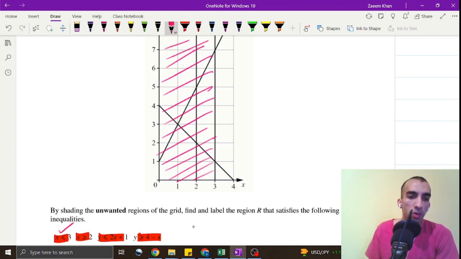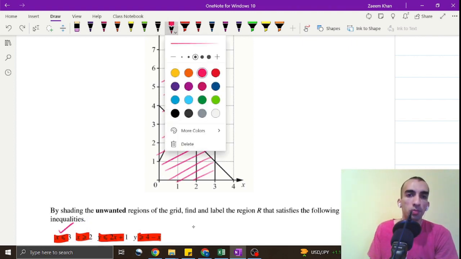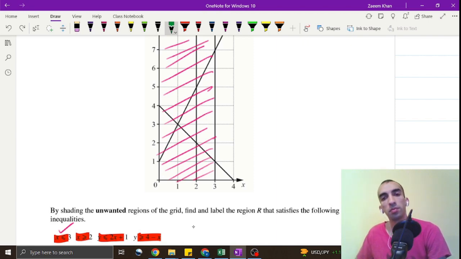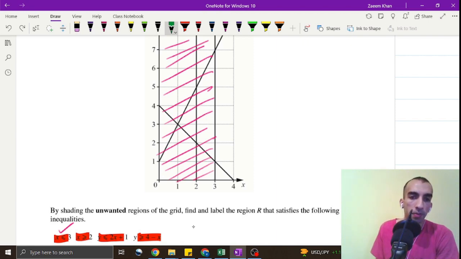Let's do the next one. We're done with this. x is less than or equal to 2. Line next to it, and are we supposed to stay on the right or to the left? Right.